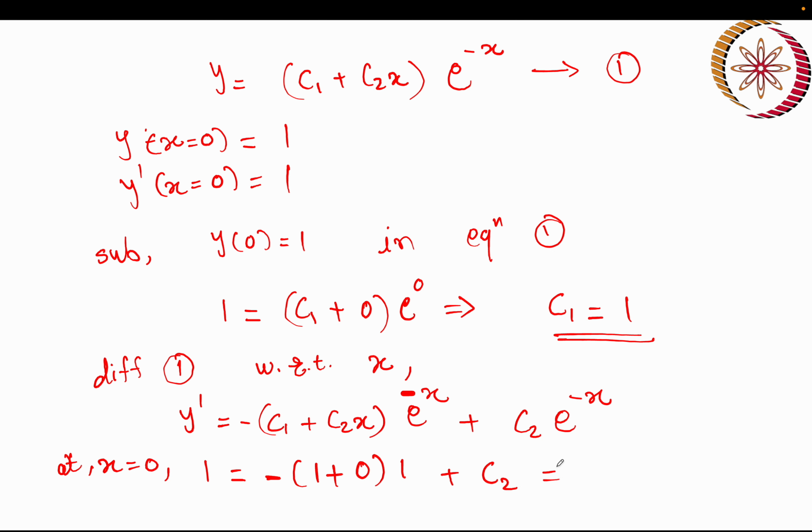So c2 is equal to 1 plus 1, so c2 will be 2. So we have c1 is equal to 1 and c2 is equal to 2.